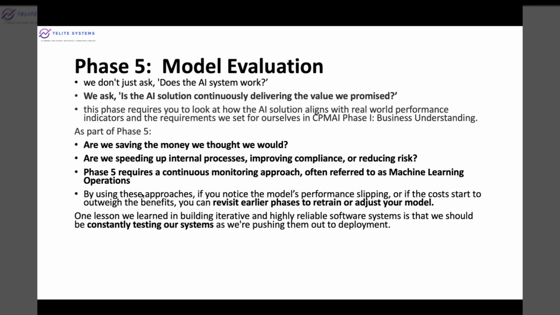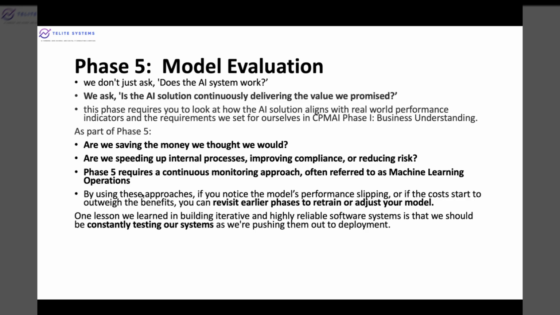AI phase one, business understanding. As part of phase 5, are we saving the money we thought we would? Are we speeding up internal processes, improving compliance, or reducing risk?